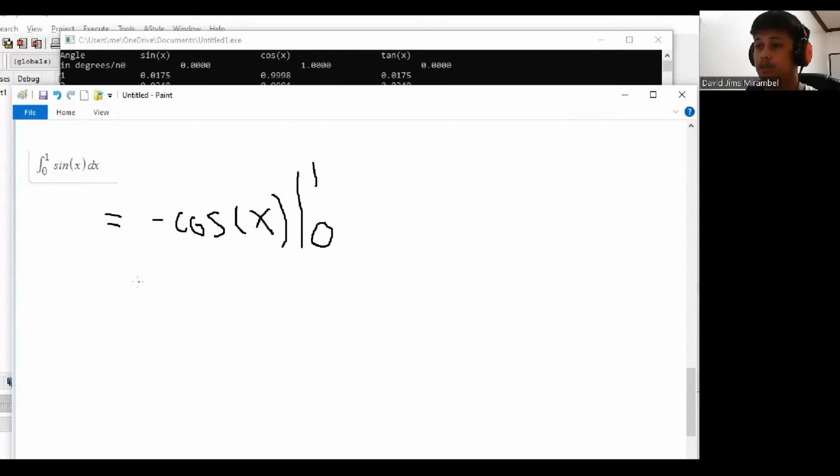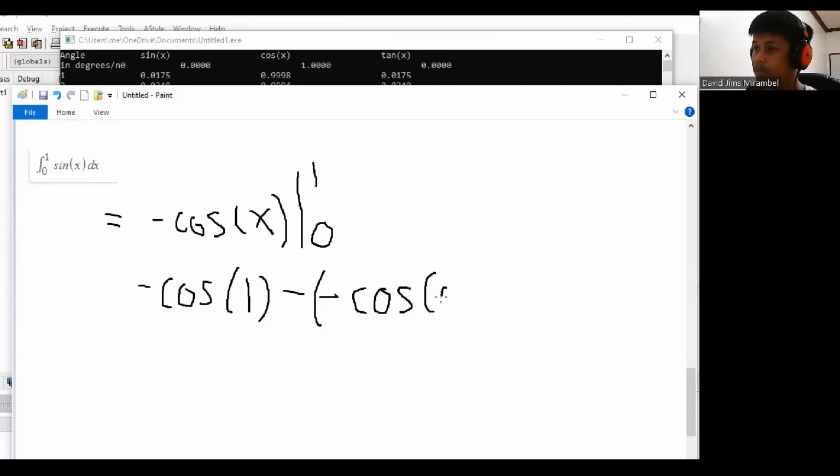So this is going to be negative cosine. First substitute the 1, and minus, in parentheses, minus again cosine 0. The x will be the value here.